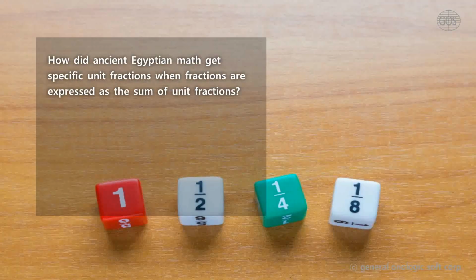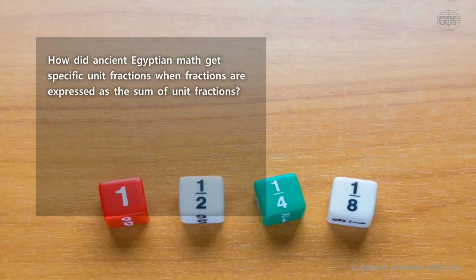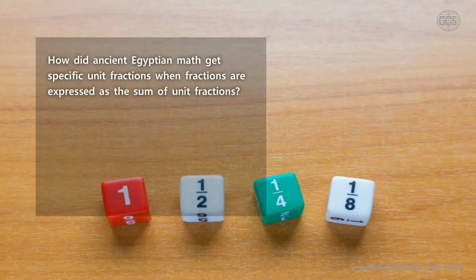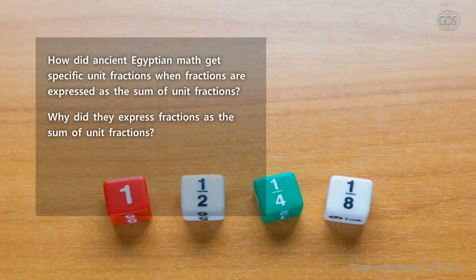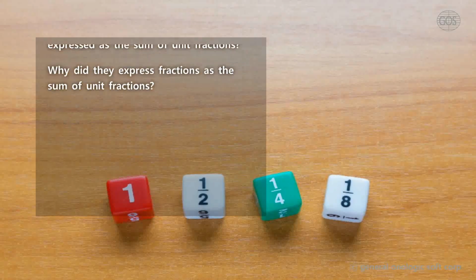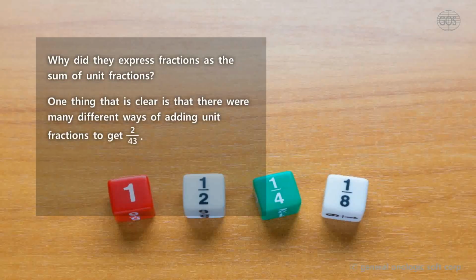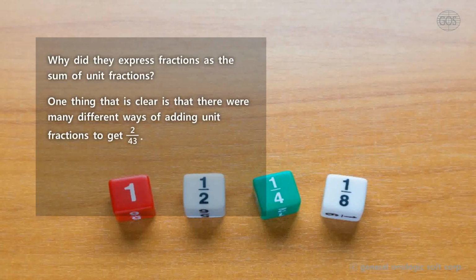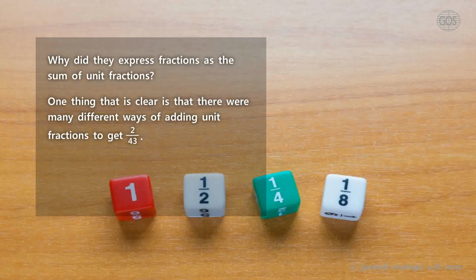How did ancient Egyptians get specific unit fractions when fractions are expressed as the sum of unit fractions? Why did they express fractions as the sum of unit fractions? One thing that is clear is that there were many different ways of adding unit fractions to get 2/43.